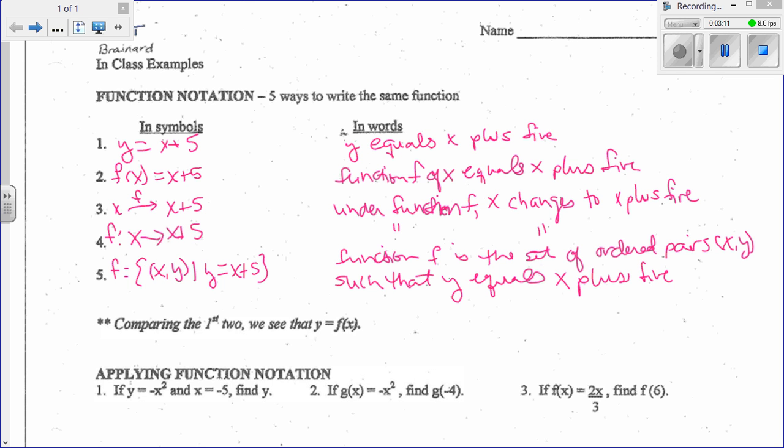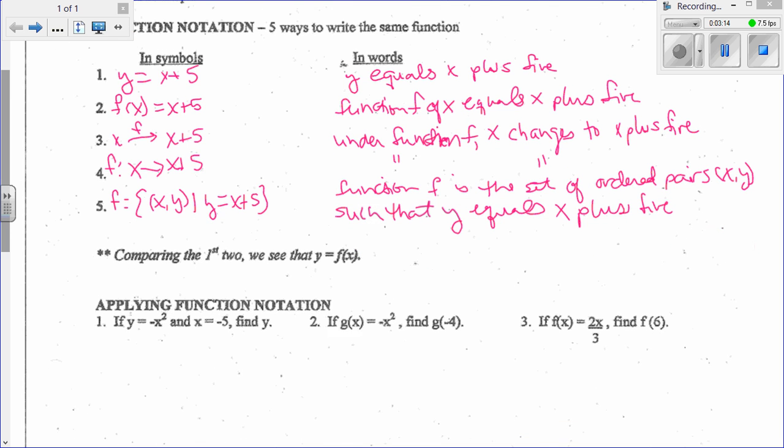So what I have there is 5 different ways to write the same thing.